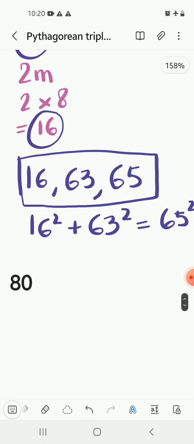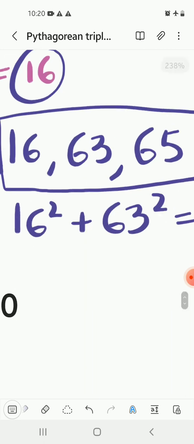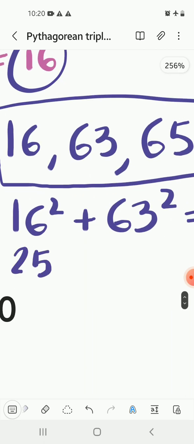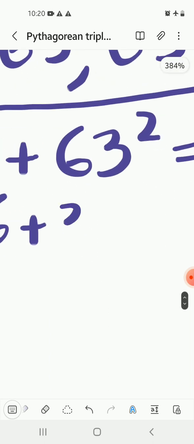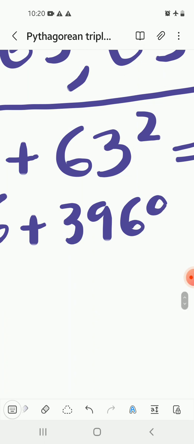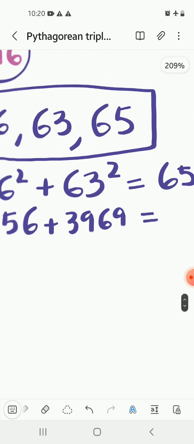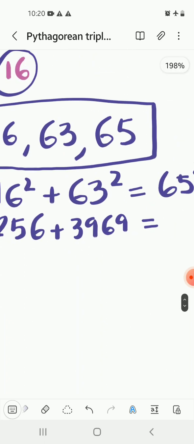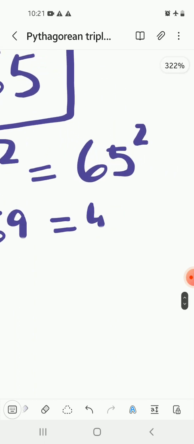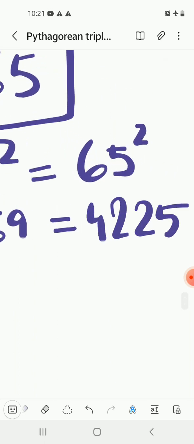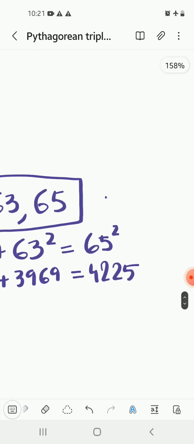First we have 16 square, that is 256, plus 63 square, if we find out, then it is 3969. So if we add both of them, 3969 and 256, we get 4225, which is 65 square. So my answer is correct.